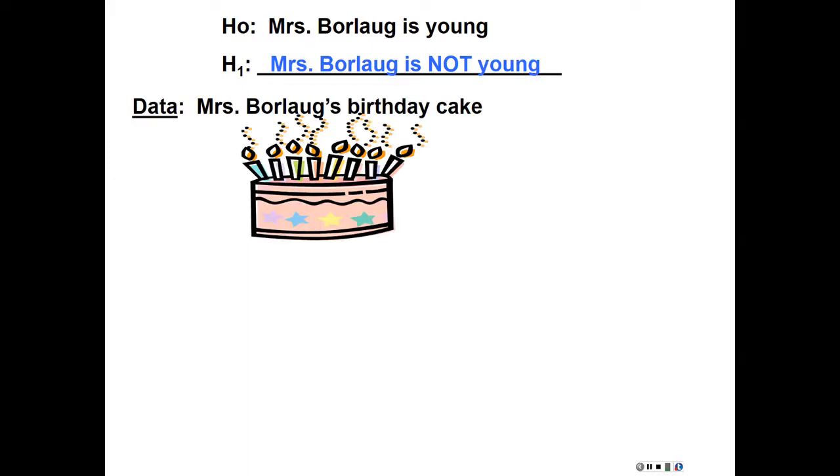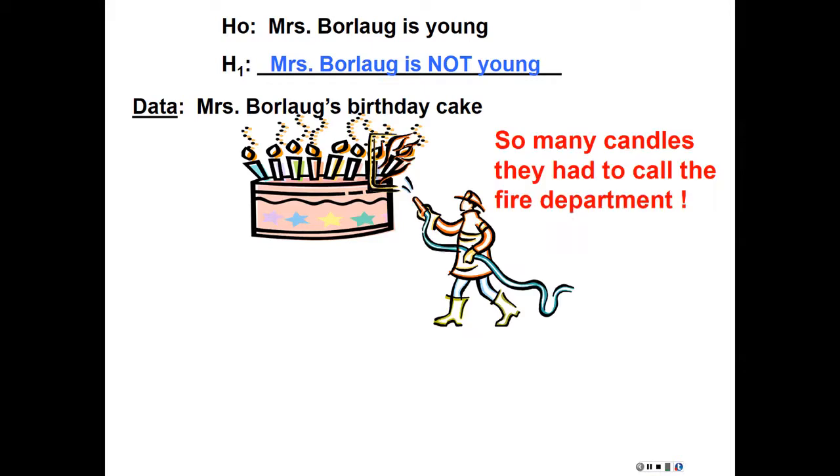Okay, here's your evidence. Here's Mrs. Borlaug's last birthday cake. A lot of candles, right? It had so many candles on it they had to call the fire department. Does the evidence support H0 or H1? It supports H1.